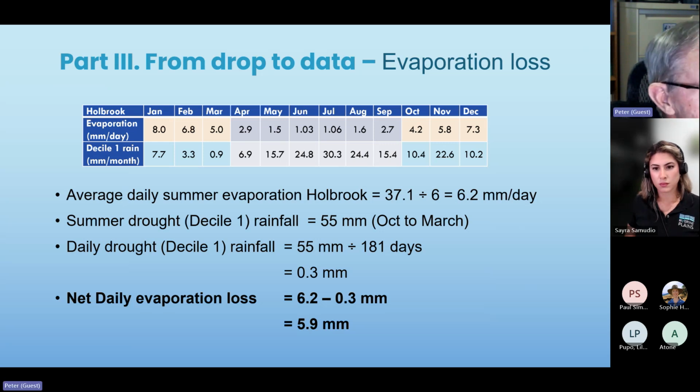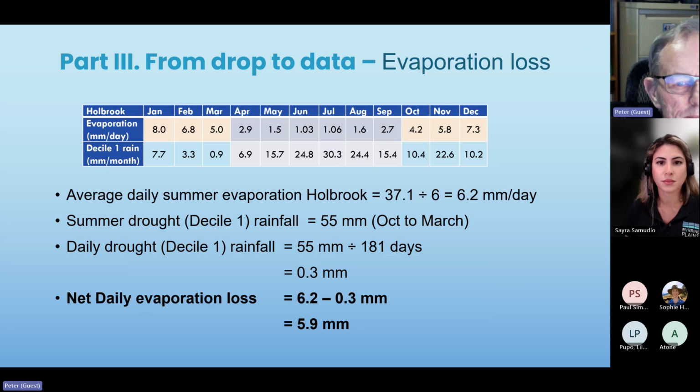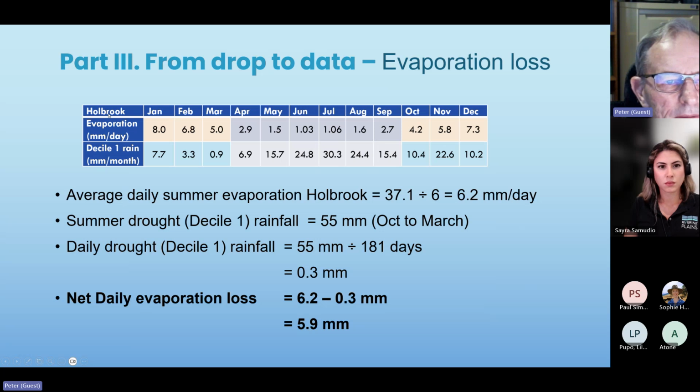Unfortunately, the stock and the feral animals drinking the water are not the only ones taking water. Evaporation takes a lot of water, unfortunately. This weather information is for Holbrook, and this kind of information can be found from the Bureau of Meteorology website for free.